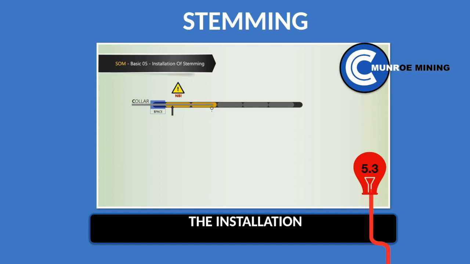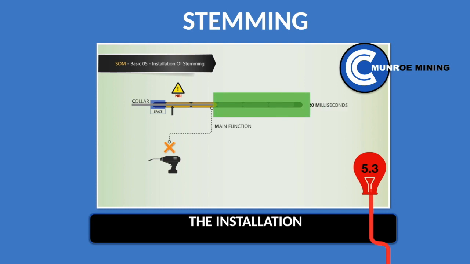Stemming cannot compensate for poor drilling practice. The main function of stemming is to capture the gas energy for 20 milliseconds. The gas is then more concentrated and can open the cracks created by the shock wave far more effectively.